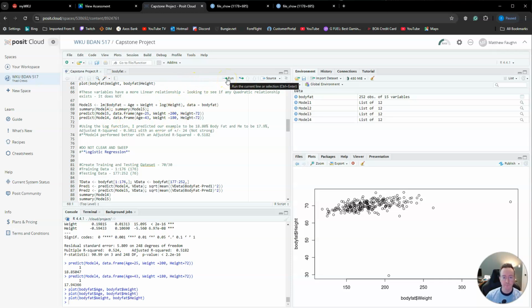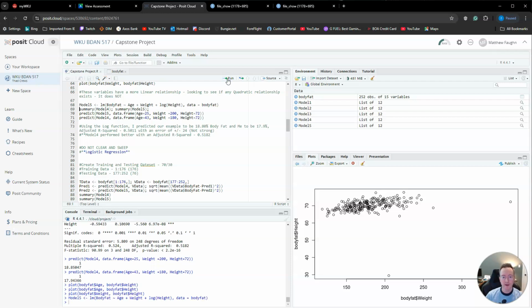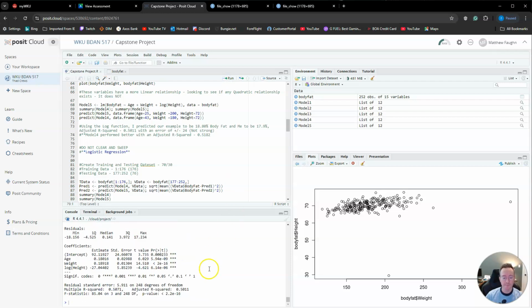So I'm running model 5, and the summary here is 0.5011. So it performed slightly worse than model 4. And the standard error is much greater with this, right? It's now plus or minus 25, which is terrible. But the variables still maintain relevance at the 0.5 level.